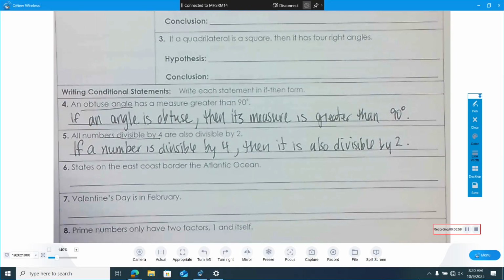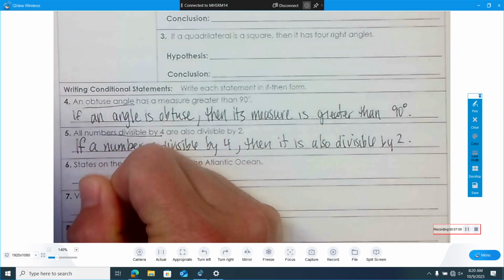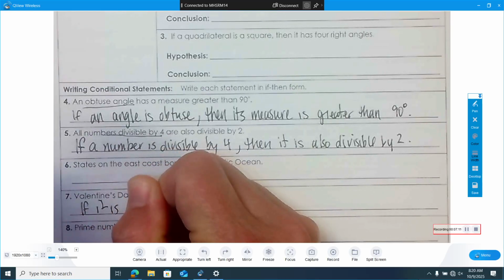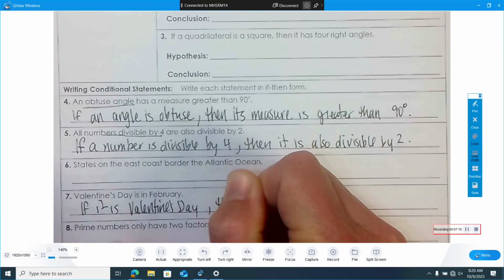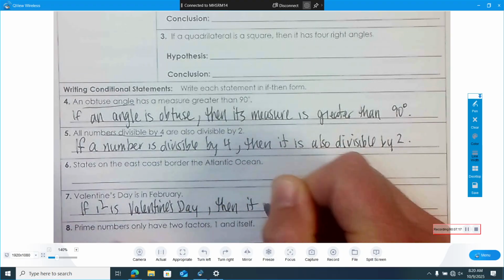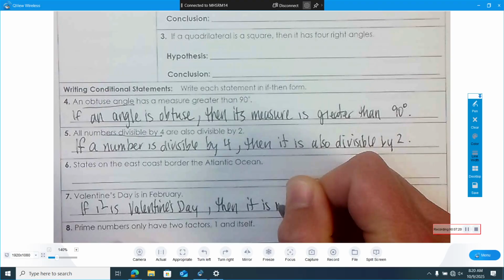What about number 7? Valentine's Day is in February. Yes, if it is Valentine's Day, then it is in February.